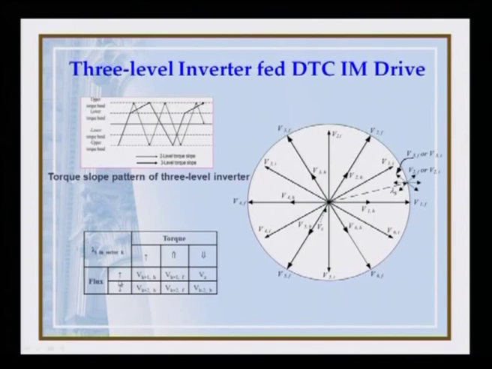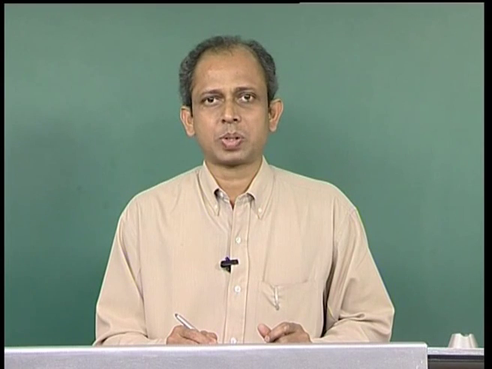So, let us say that we want to increase the flux and increase the torque. If we are in sector 1, which is basically this sector, from this to this, we apply V k plus 1 half voltage vector. V k is 1 here, k plus 1 is 2. So, basically here we apply V2h.